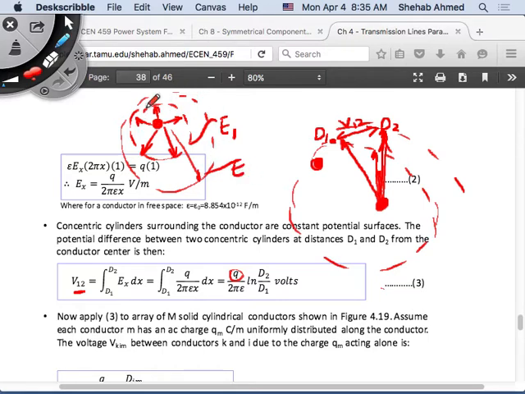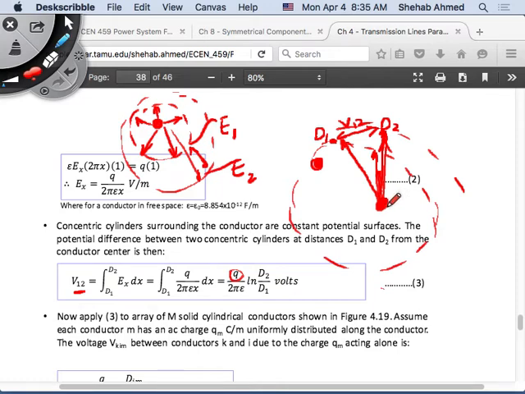All the electric field strength around this surface is the same, so E2. I calculate the voltage due to this conductor only. Now, this other conductor is also within the vicinity of this conductor, so it is affecting the electric field at these 2 points. Do we agree or not? Yes? No?